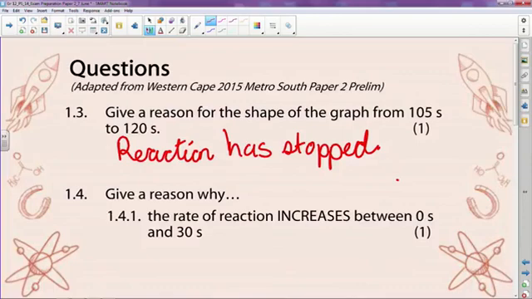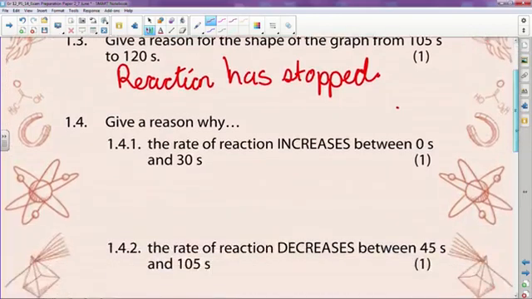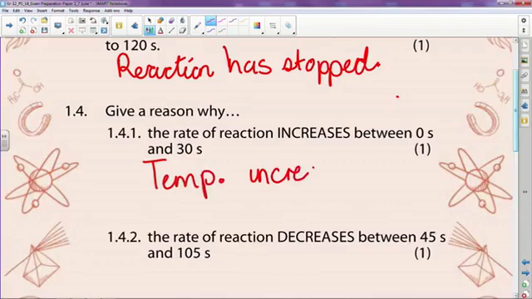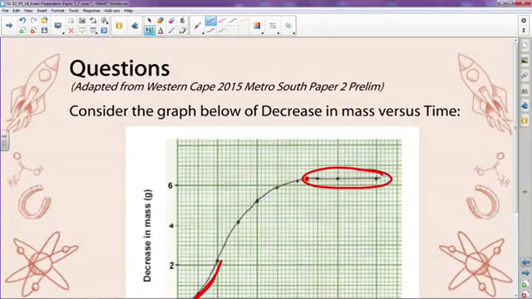And if the reaction gets hotter, then the reaction rate increases. So the temperature is increasing. So the temperature increases. Okay, why? Because it's an exothermic reaction. So it gets faster. Then the rate decreases between 45 and 105.